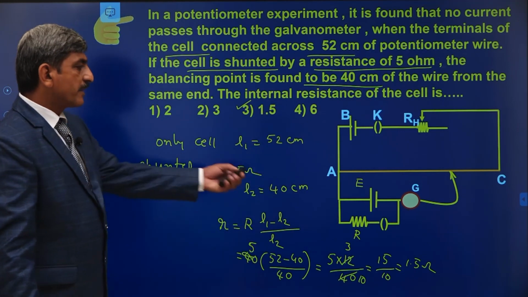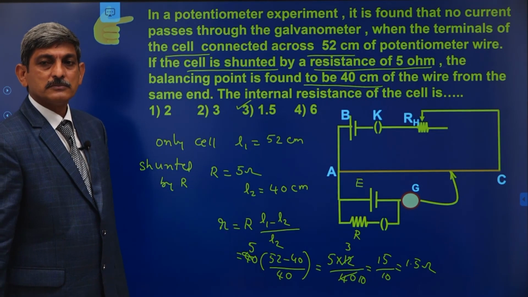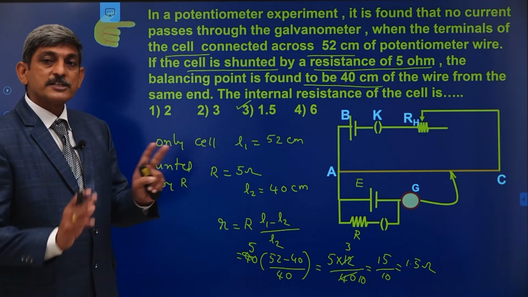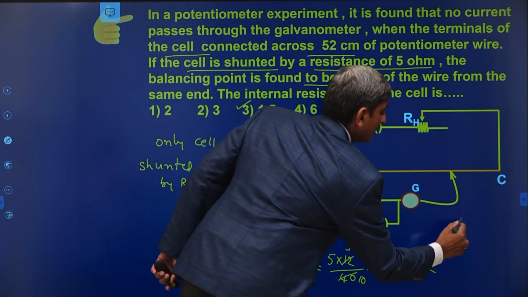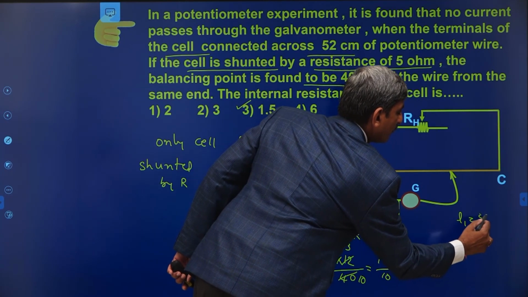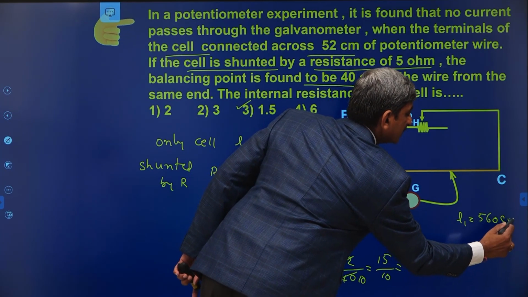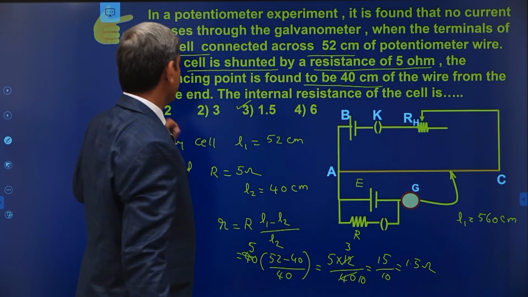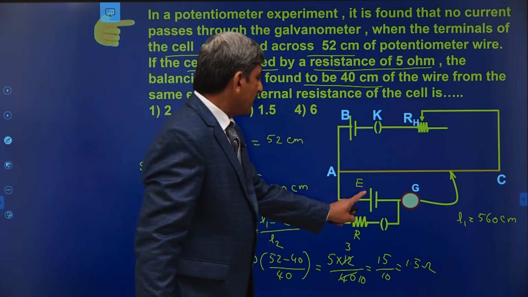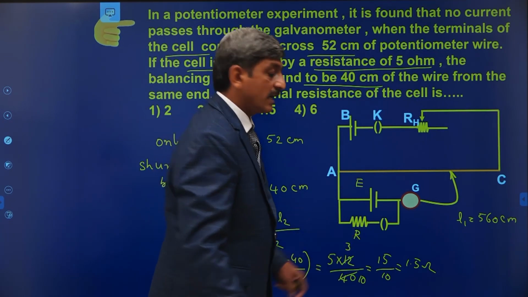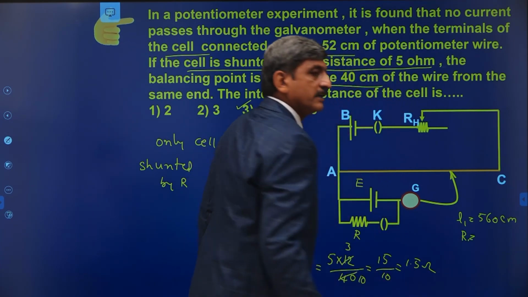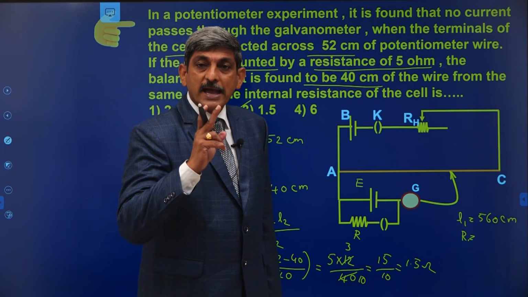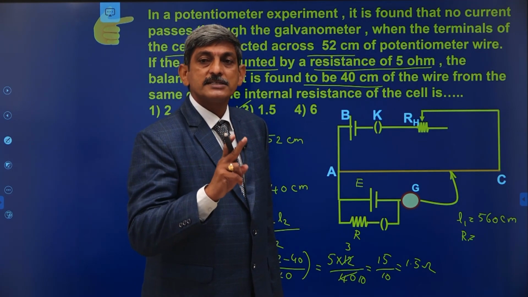Okay. Sometimes in the same problem, L1, L2 values may not be given directly. It is given that L1 is equal to 560 centimeters in the first case. When the cell is shunted by a resistance R, it is given that the balancing point shifts by 60 centimeters.